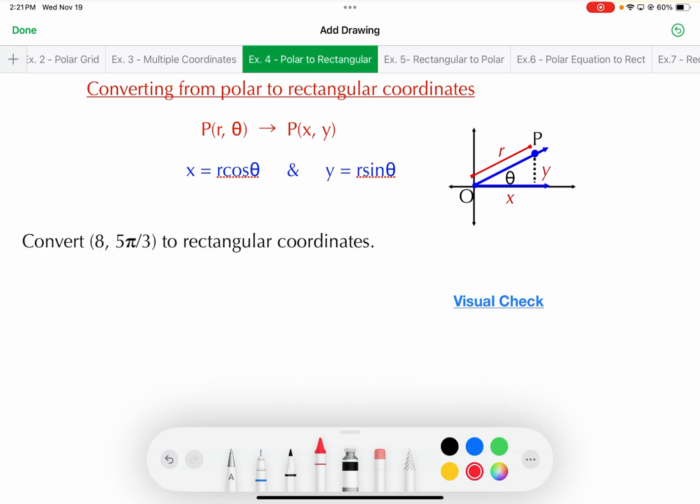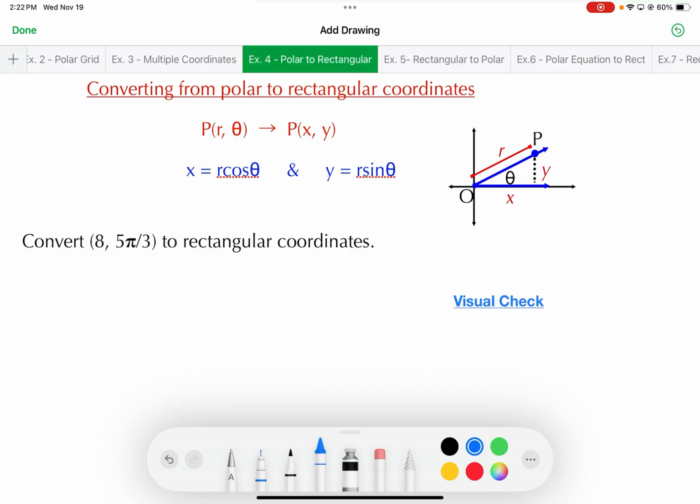So we'll solve that for x. That means x would equal r cosine theta. And then sine of theta would be y over r. Solve that for y. You get that to equal r sine theta. So these are like our conversion equations that help us go back and forth between the two forms.